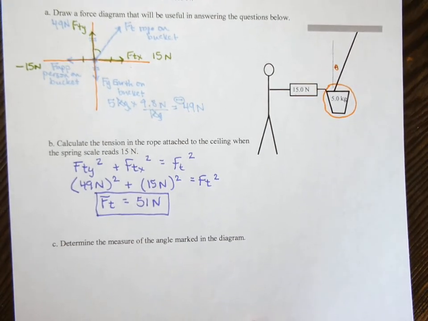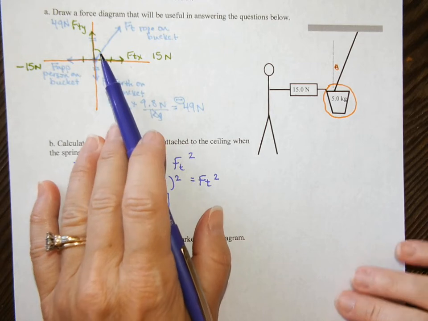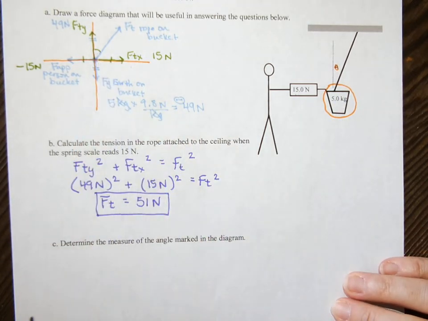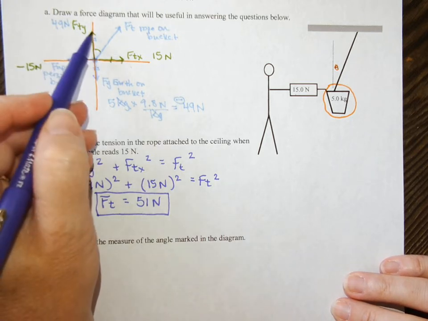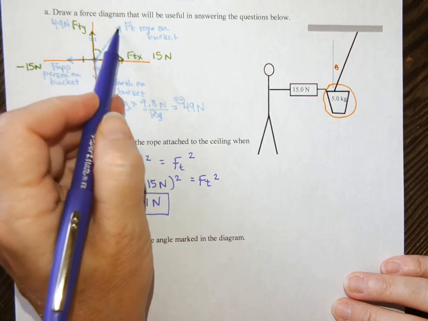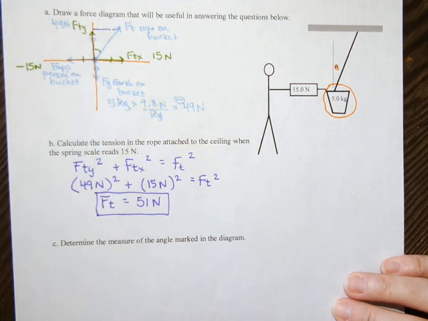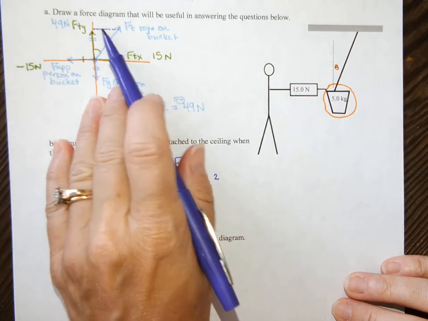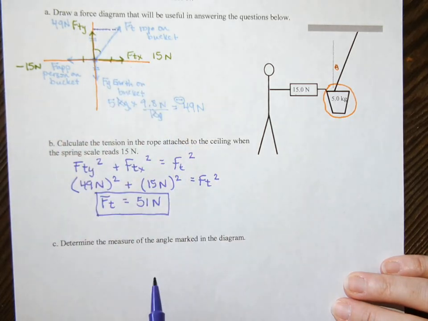Now the last question is a little bit trickier. Figure out the measure of that angle that's marked here in the cartoon or in the force diagram. I'm going to use some inverse trig to do that. You know FTY, you know FT, and then FTX can be represented just by sliding it up from this location on the x-axis to this dotted line that I just drew in.